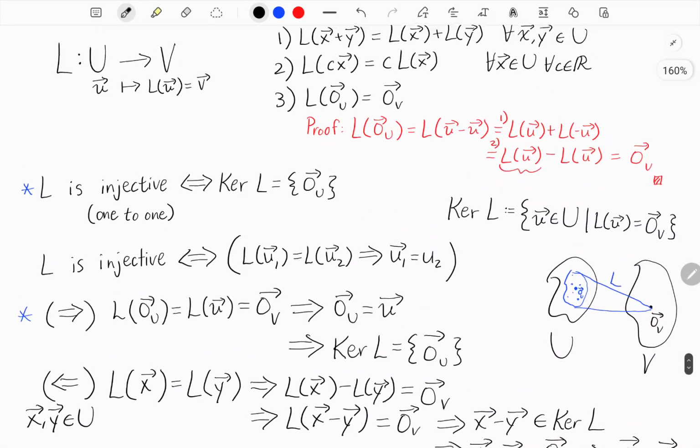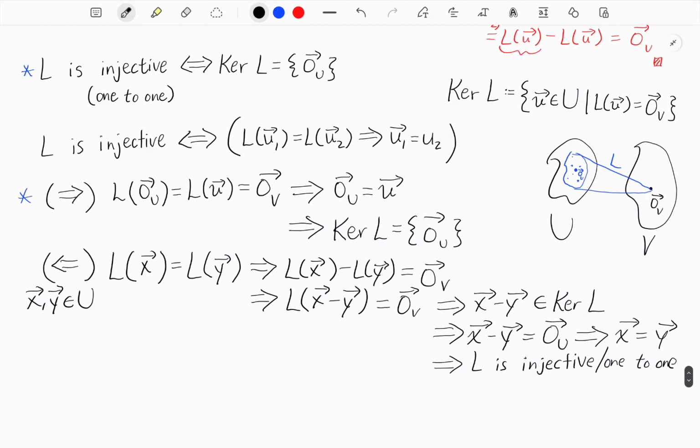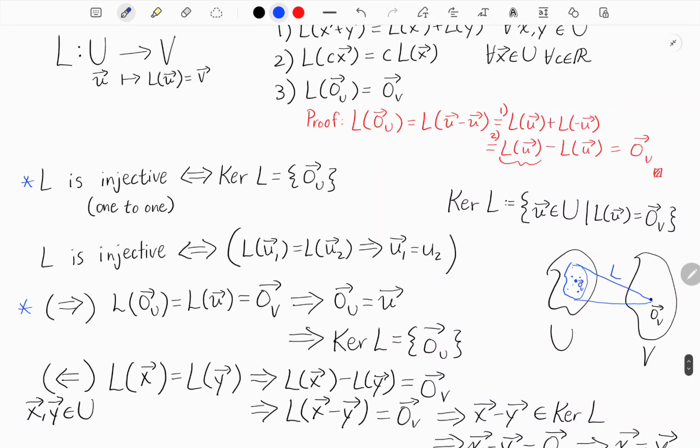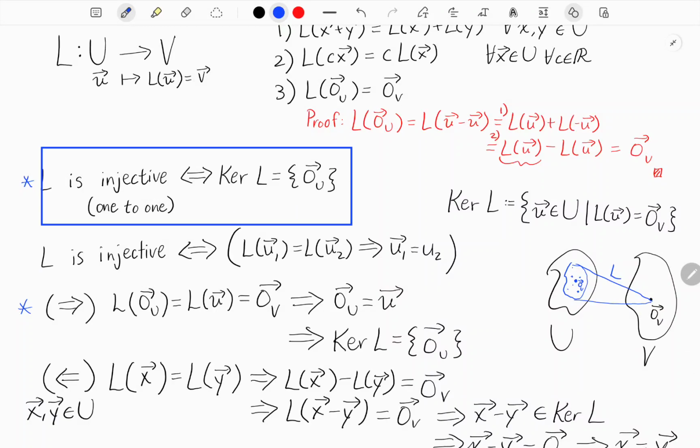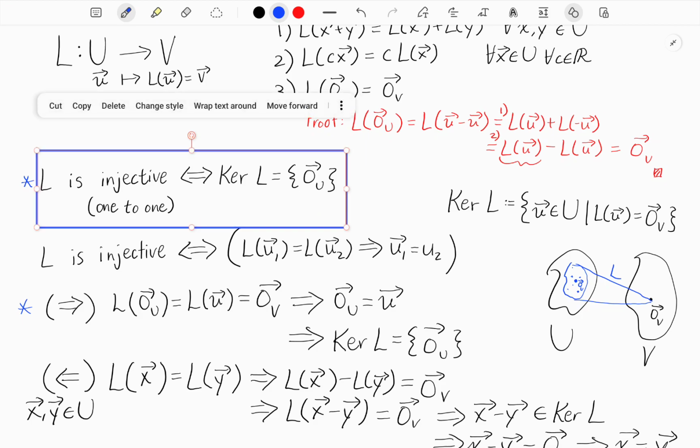Okay, so that is it. This is a very interesting concept to prove, and hopefully that makes sense, and you can use this theorem to show whether a certain linear transformation is injective or not.